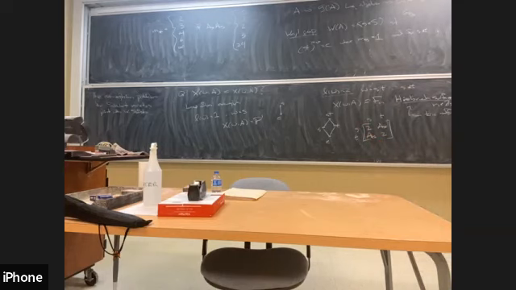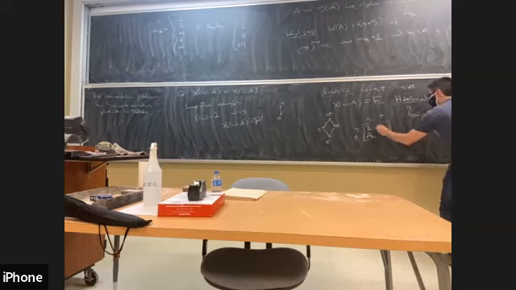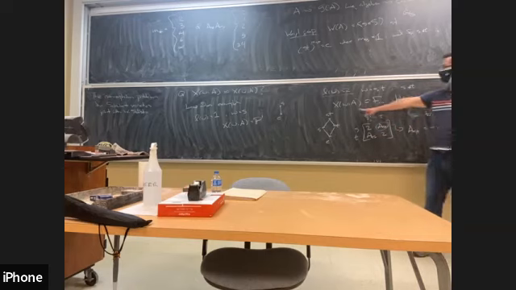I claim that this number right here, a_ST, is negative n. And that's how you determine which Schubert variety you are.